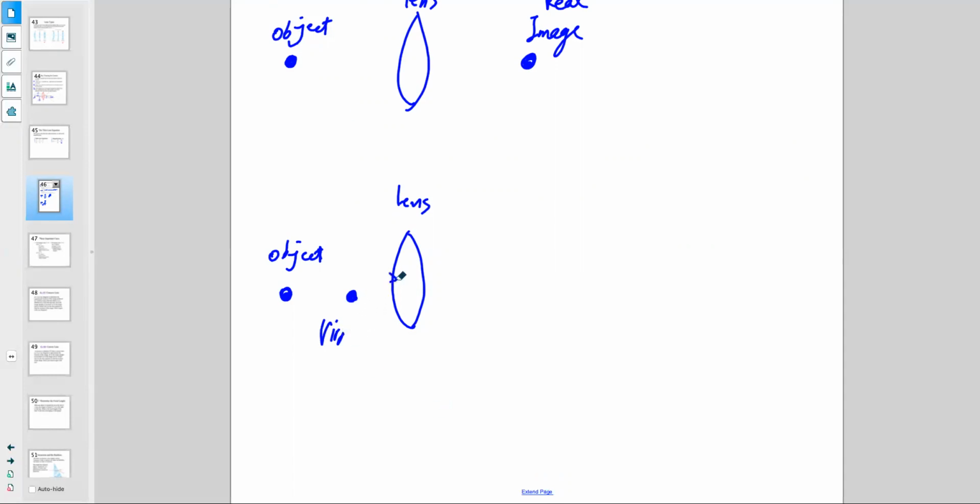Here we go. So let's take a look one more time. Complete that. So that would be the virtual image, because it's on the same side as the object.